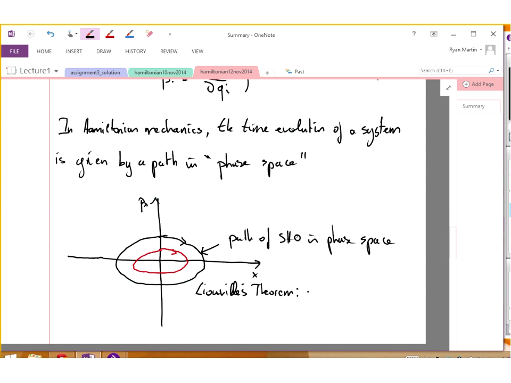And Liouville's theorem basically says that the system behaves like a fluid.